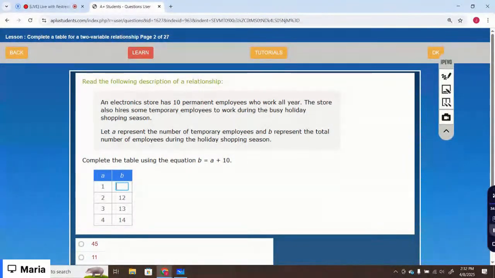Complete the table using the equation B equals A plus 10. So option number 2 is the correct option. That is 11.